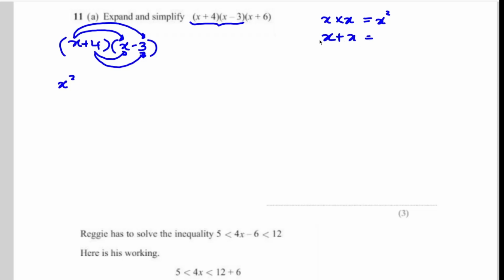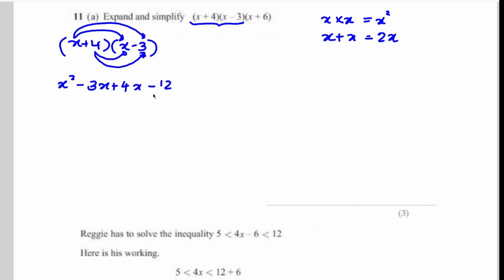We just add the numbers in front, so 1 plus 1 is 2x. When multiplying, we do change the powers. X into x, x squared. X into minus 3, minus 3x. 4 into x, plus 4x. 4 into minus 3, minus 12.